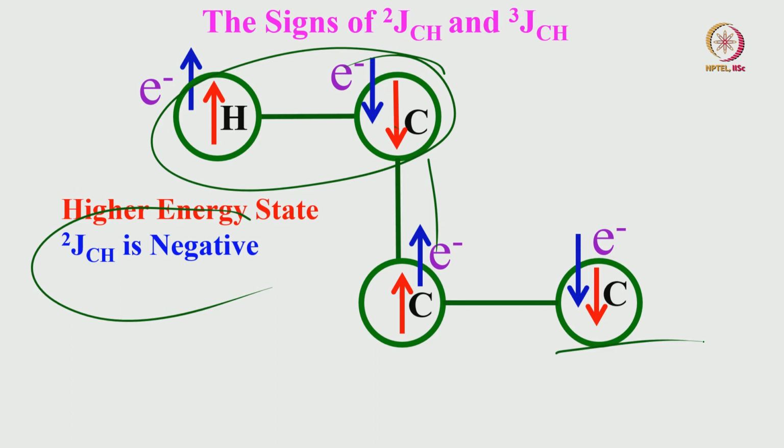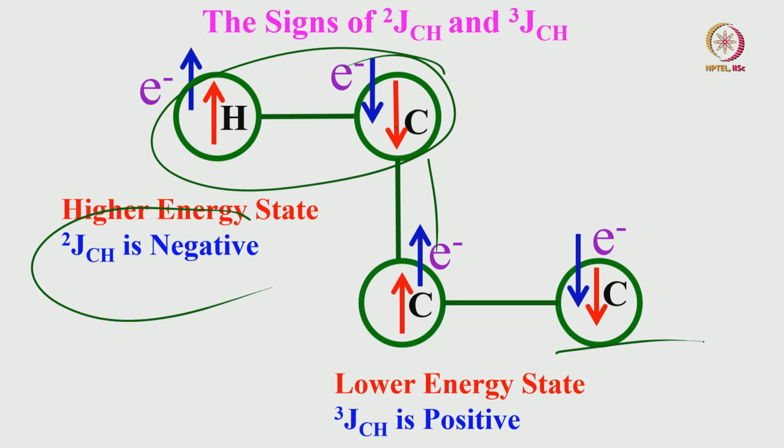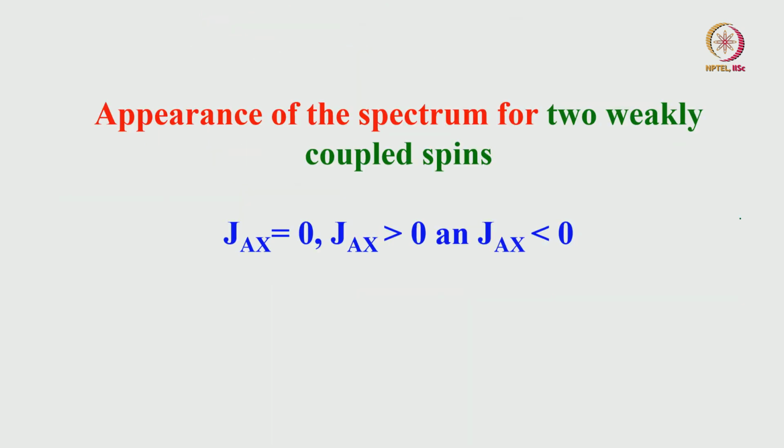You go further, it is going to be positive. So, depending upon how the spins are oriented, 1JCH is positive, 2JCH is negative, 3JCH is positive. You can work it out simply by extending this Dirac model. I worked it out only for JCH, but do not think it will work out the same for everything. Consider carbon and fluorine: one bond carbon fluorine coupling is always negative. You can work it out in a different way.